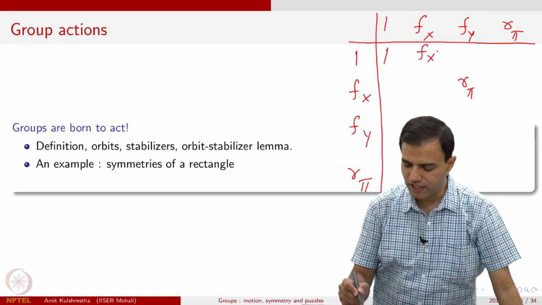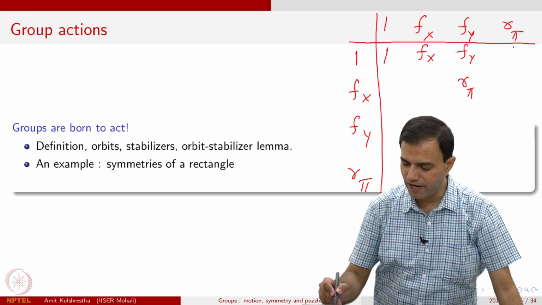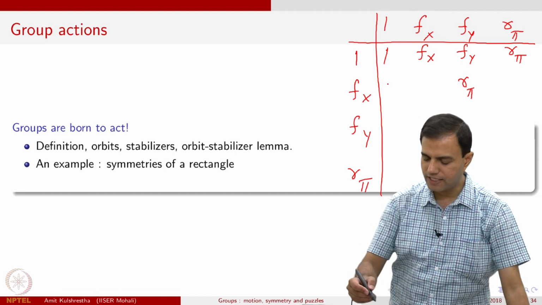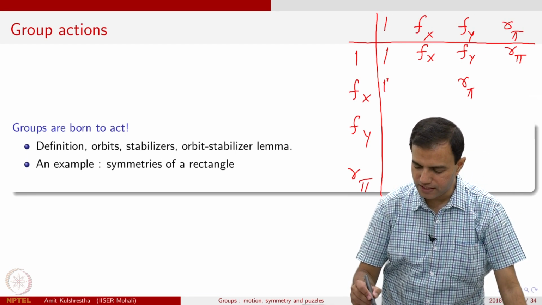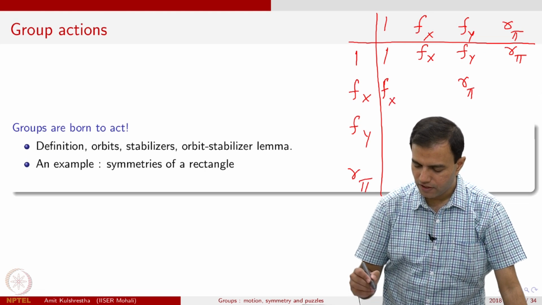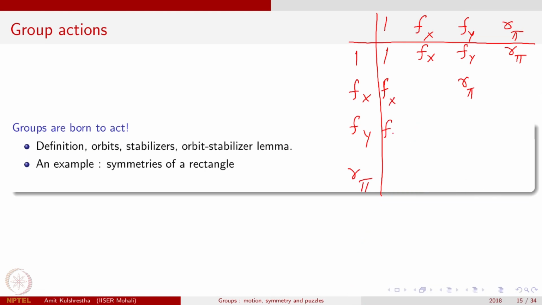And if I compose doing nothing with anything, what I get is that anything. So 1 composed with fx is fx, similarly 1 composed with fy is fy, 1 composed with r pi is r pi. And in the same fashion I do it here. And what is fx composed with fx?